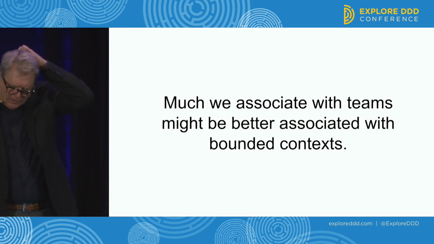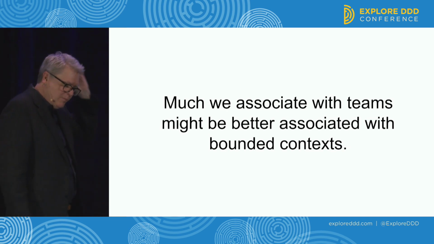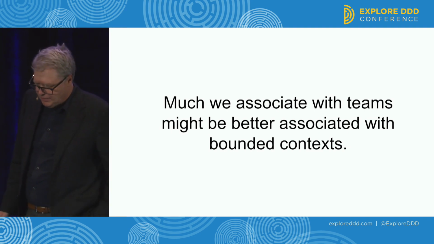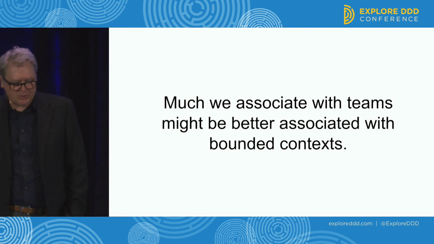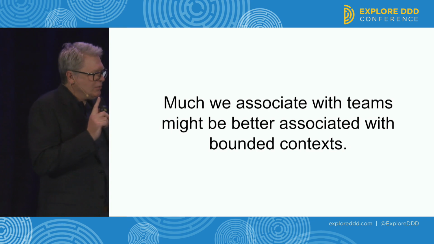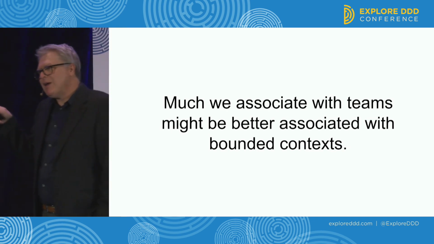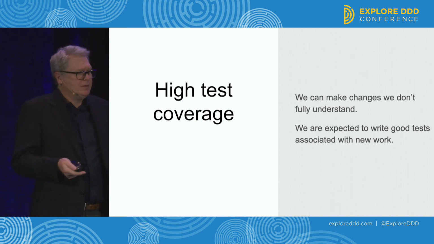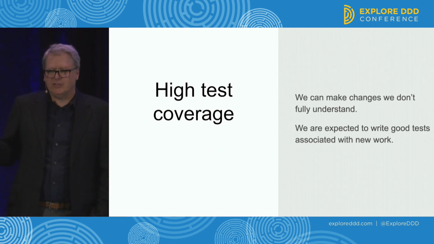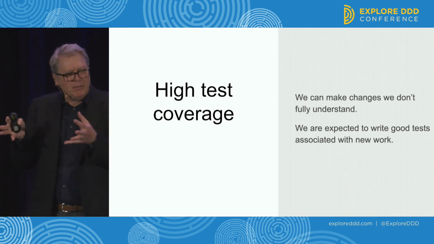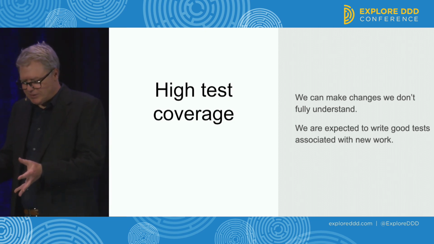One final note I'll make, because I think it's one of the motivators for bounded context and the kind of descriptions we might have, is there are a lot of things which we usually associate with teams that I think should probably better be associated with the bounded context that they work in. For example, we expect high test coverage. Usually it's a team that adopts this principle. I think it should be a bounded context where we've adopted this principle.